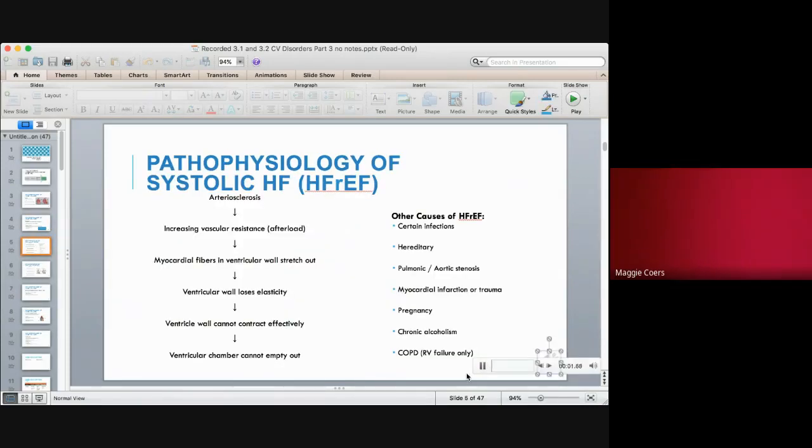All right, so here's the pathophysiology of systolic heart failure. This is the classic pathway. It starts with arterial sclerosis, from which comes atherosclerosis. As the heart is trying to pump blood past a blockage from atherosclerosis, the heart muscle actually gets stretched out.